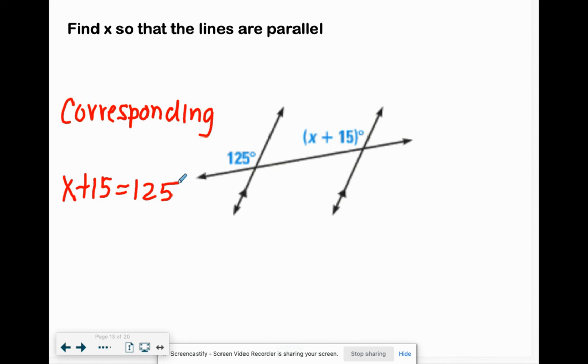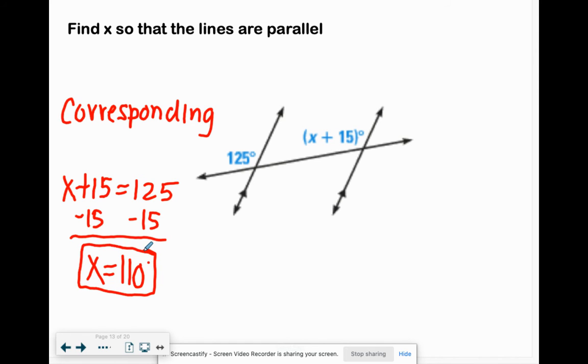How do we get x by itself? Minus 15. And what do we get? 110, yes. There we go. Perfect.